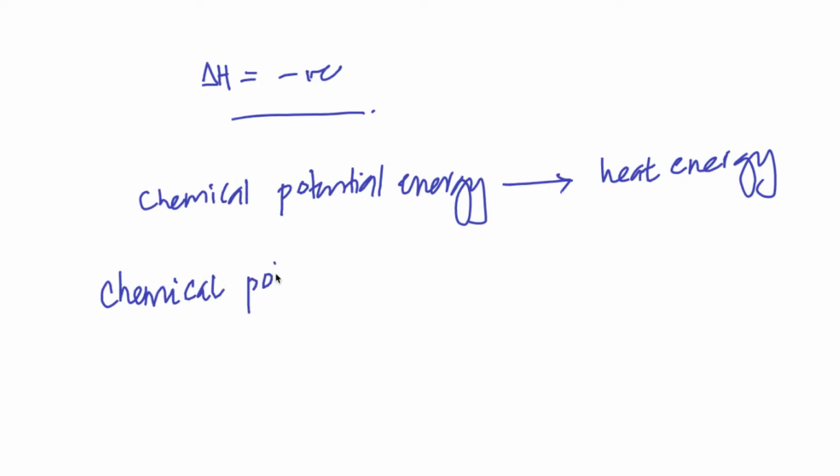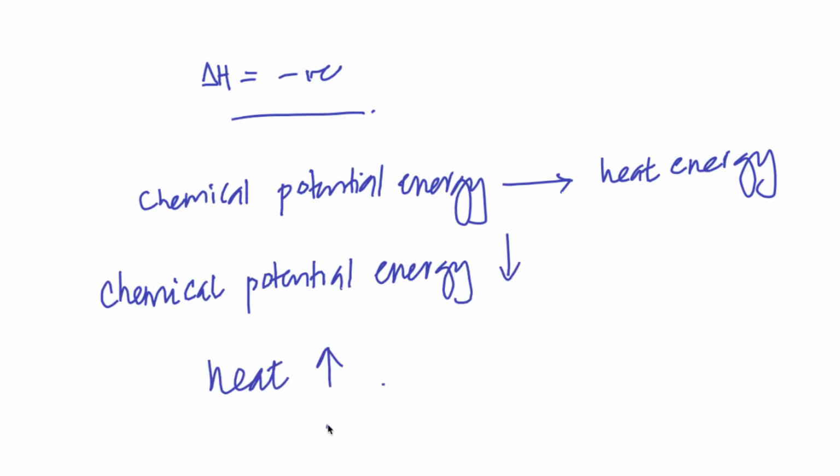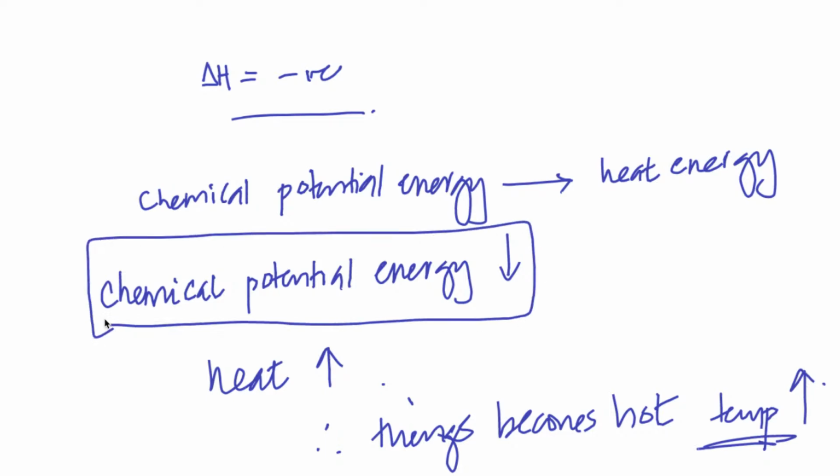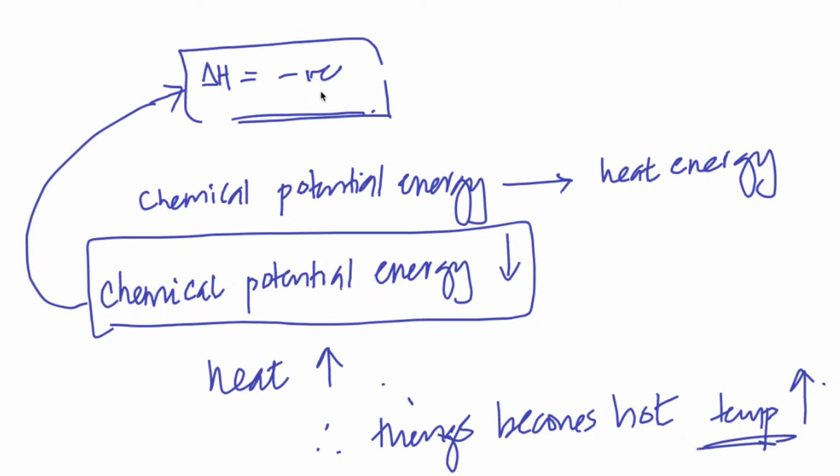You can say potential energy decreases because it's been converted. So it decreases and heat increases. Therefore, things become hot. You could say temperature rises. But because chemical potential energy decreases, it affects delta H.